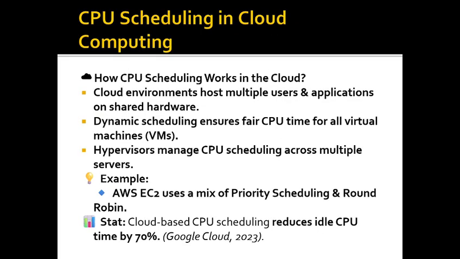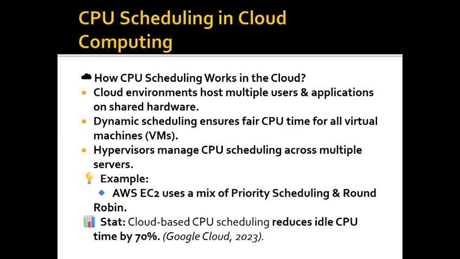CPU scheduling in cloud computing. How does CPU scheduling work in cloud computing? A cloud environment hosts multiple users and applications on shared hardware. Dynamic scheduling ensures fair CPU time for all virtual machines, or VMs. Hypervisors manage the CPU scheduling across multiple servers.